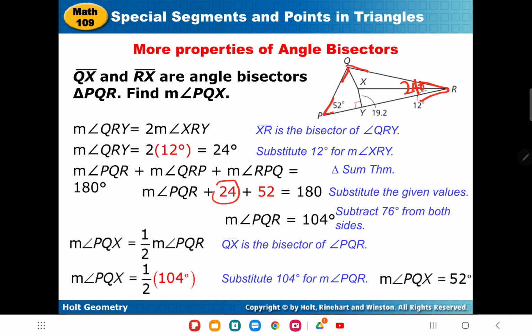So I have my 24 degrees, my 52 degrees, and so the measure of PQR is going to be 104 degrees. What's important is that I'm really looking for PQX, and that's this angle here. If I know that the whole thing is 104 degrees, I'm just going to multiply that by 1/2 or divide by 2 to get my final answer, that the measure of PQX is 52 degrees.